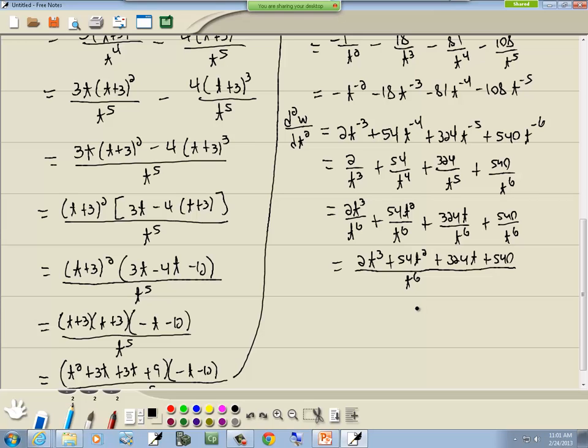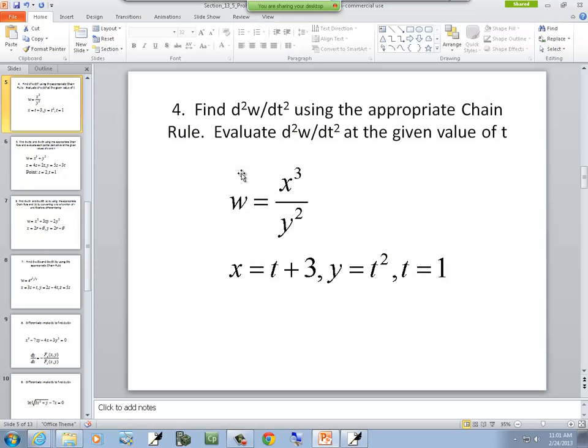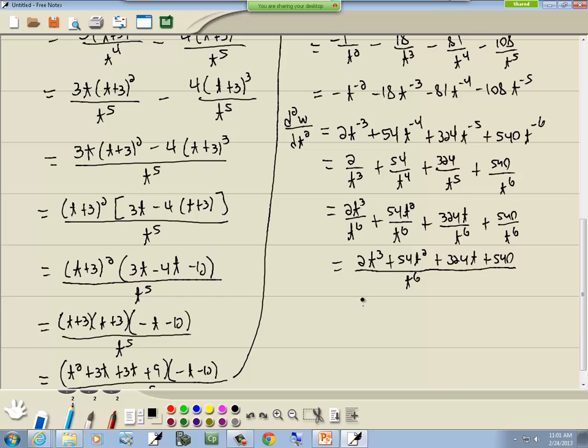Well, now they want us to plug in t is equal to 1. Which makes it real easy with the ones. Because 1 to the third is 1, so it drops away. So we got 2 plus, and all of these t's drop away when you put 1s in there. So I got 2 plus 54 plus 324 plus 540 over 1 to the 6, which is 1.